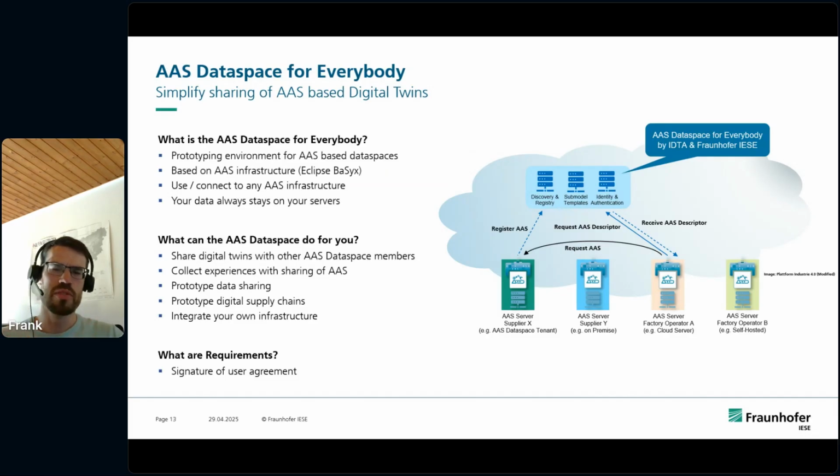To put it in a nutshell, you can think of this as a prototyping environment for implementing Asset Administration Shell-based use cases, and even for prototyping use cases that focus on data spaces, which means that another Eclipse project comes into play here, the Eclipse Data Space Components, or more precisely, the Eclipse Data Space Connector.